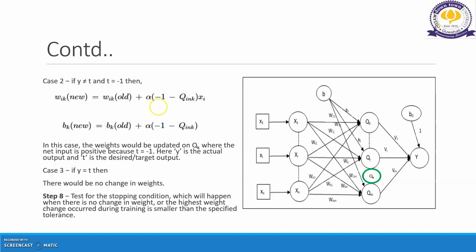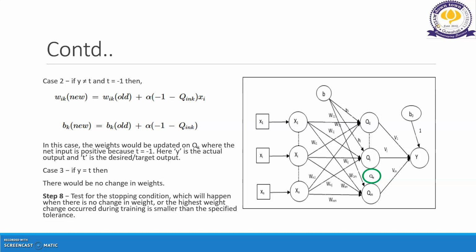That means for this particular Qk Adaline unit, your net input value is positive, whereas it's supposed to be negative because your target is -1. Remember, in the signum function, when the net input is negative, then you get a negative output.